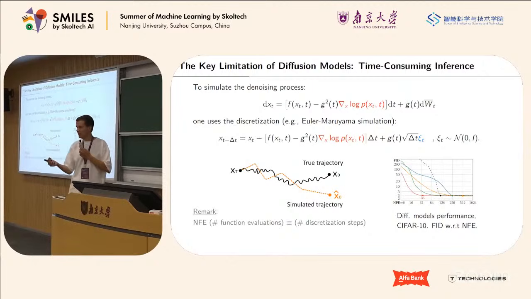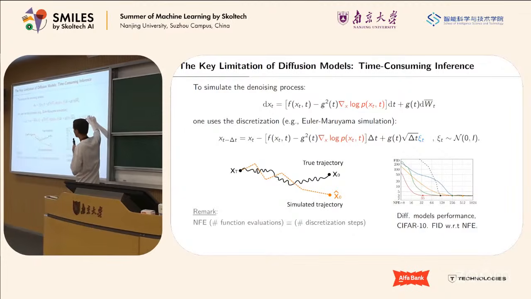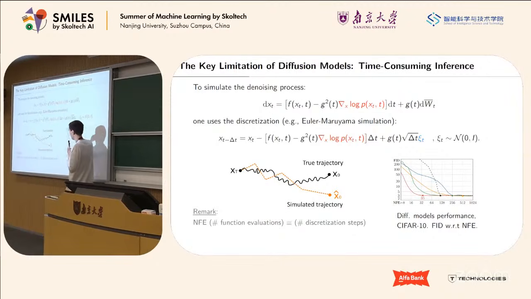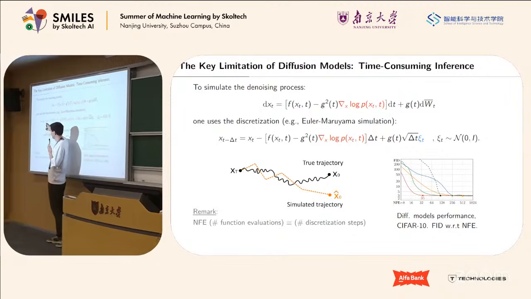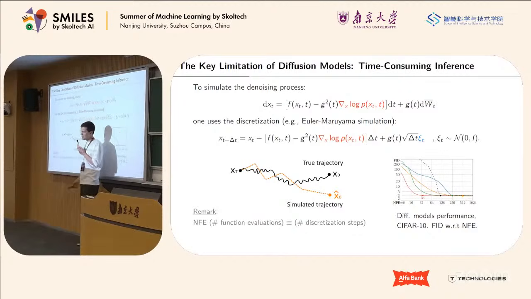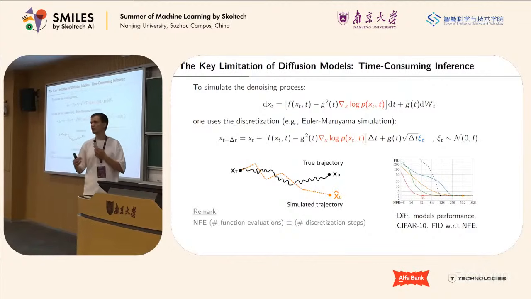This is a problem because this numerical step of integration of the stochastic differential equation is very complex. When you go from some noise point to, for example, the next denoising level, you have to compute an expression in which the score function appears, which is usually a very huge trained neural network.